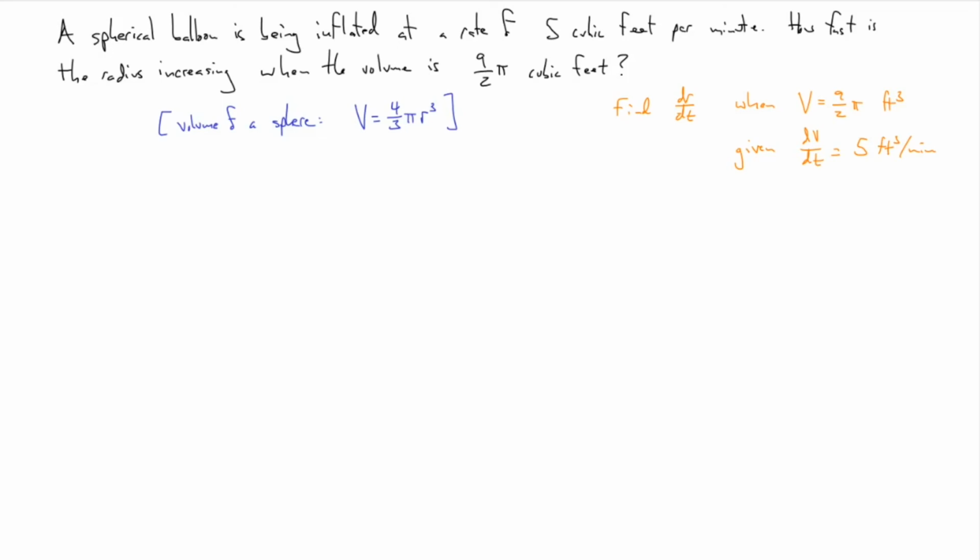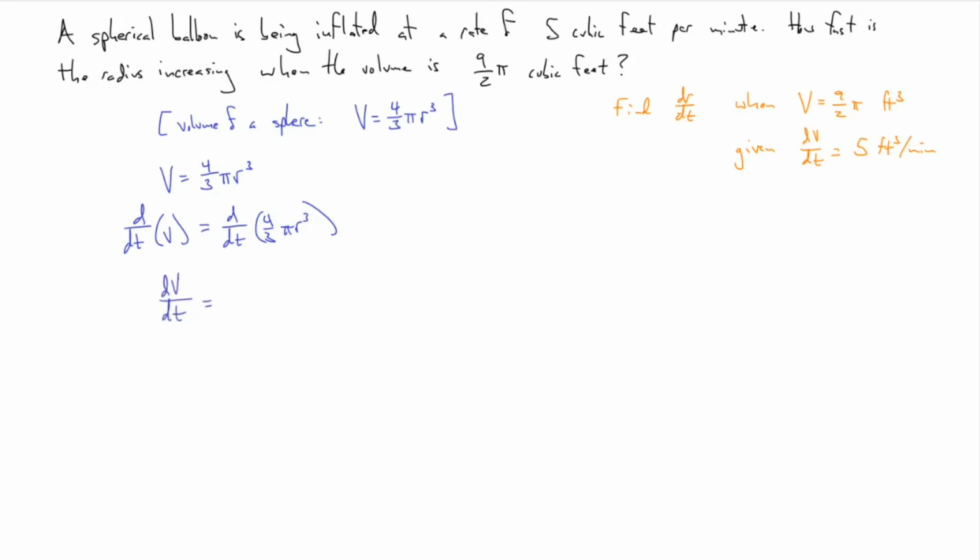That's telling us how the volume is changing, so dV/dt is 5 cubic feet per minute. And as far as the calculus goes, we start with our formula for the volume, 4/3 pi r cubed, and we take the derivative of both sides of that equation with respect to the variable t.